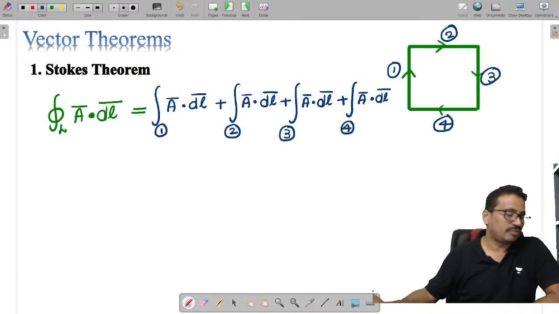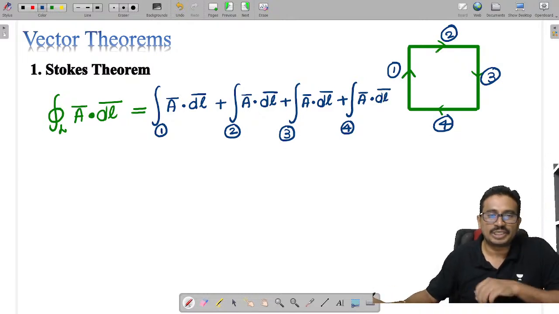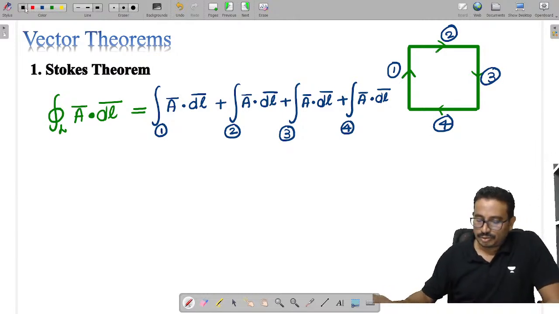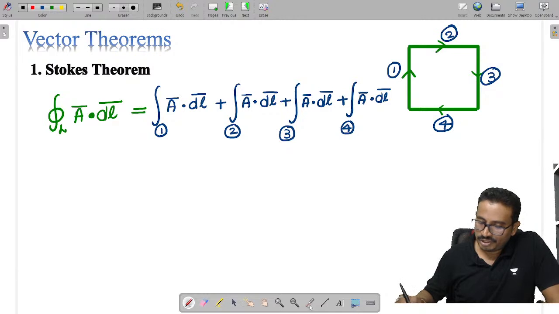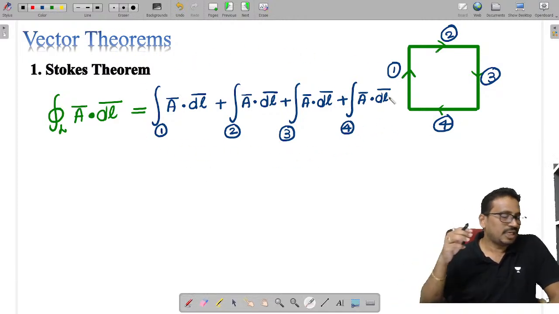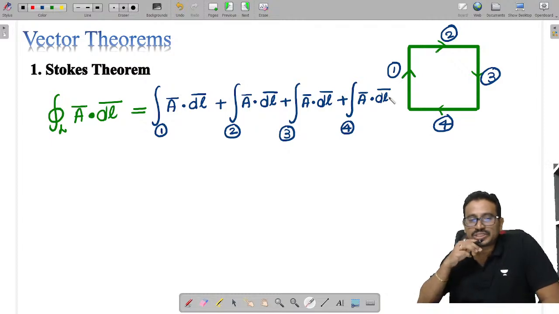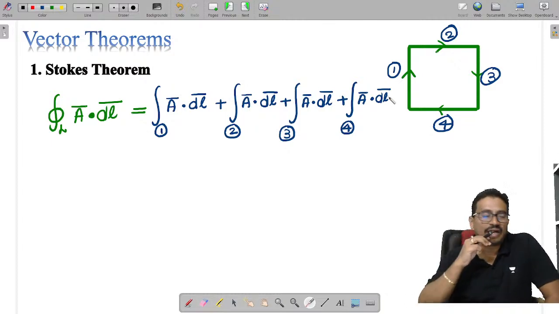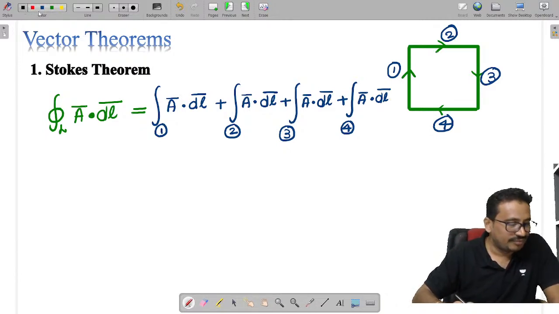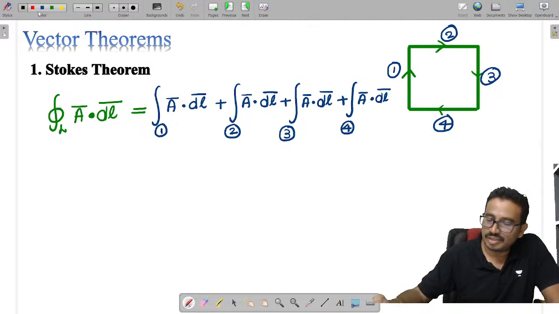This is what we need to do basically. So we need to do four integrations. But as we know, we are very lazy fellows. So who will do so many integrals?